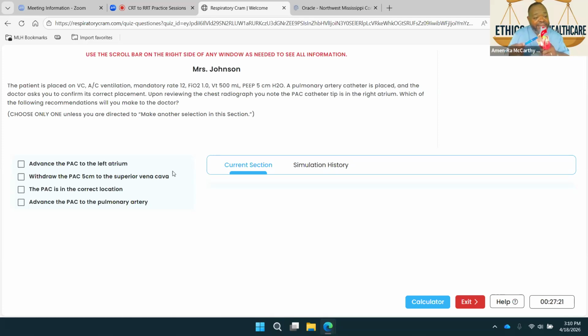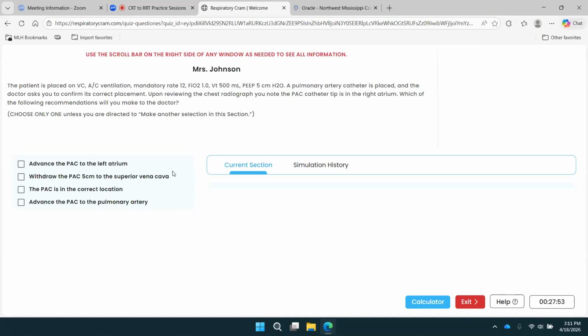Do we need to advance it to the left atrium? No. Do we need to withdraw it to the superior vena cava? Do we need to pull it out and come back up to the superior vena cava? No, because it's a pulmonary artery catheter, right? The third choice says the PAC is in correct location. So with it being in the atrium, is it in the right spot?